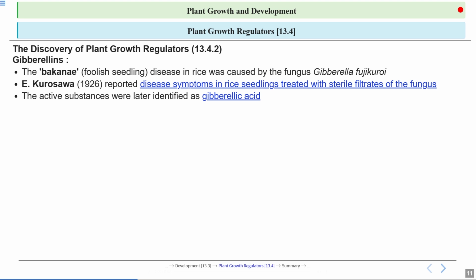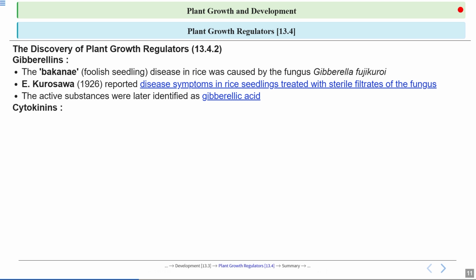So they concluded that some active substance must be present in the fungus, right? The active substance was later identified as gibberellic acid. They extracted this active substance.